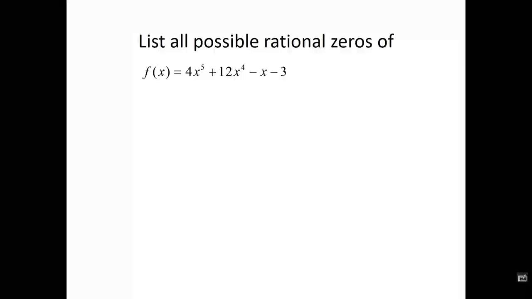Let's consider another example. Let's list all of the possible rational zeros of f of x is equal to 4x to the 5th plus 12x to the 4th minus x minus 3. All right? So let's see.